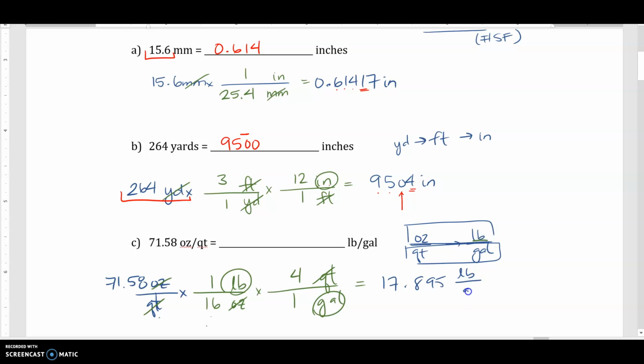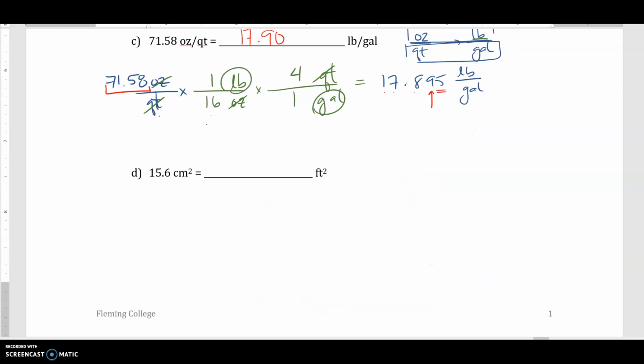That's pounds per gallon. For significant figures, I had 4 significant figures in my original measurement. So 1, 2, 3, 4. Looking to the right is a 5, so I round up, so it becomes 17.90 pounds per gallon. In our final conversion, we'll look at an area conversion.